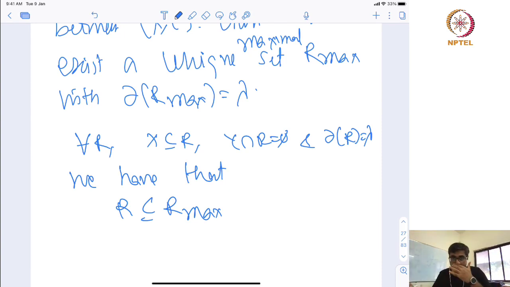So any set with this property is contained inside R max.